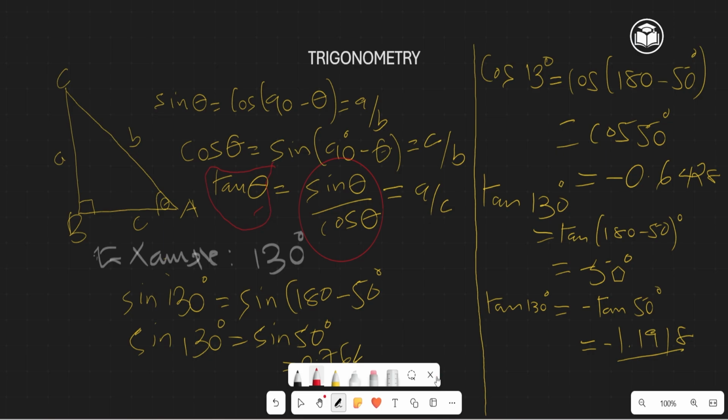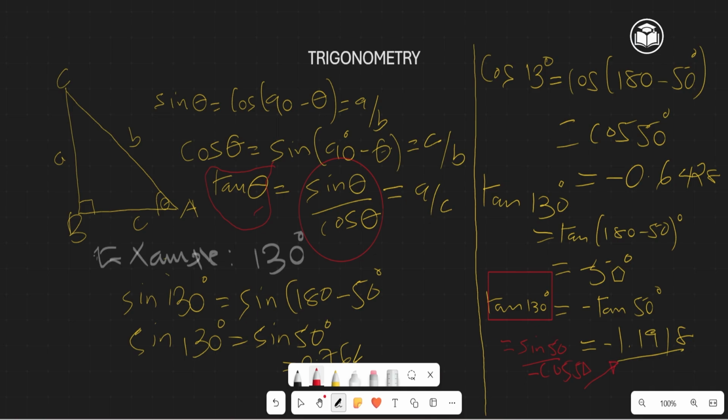But remember, tan 130 is in the negative quadrant, so tan 130 equals sine 50 over negative cos 50, which is the same as this value here again.